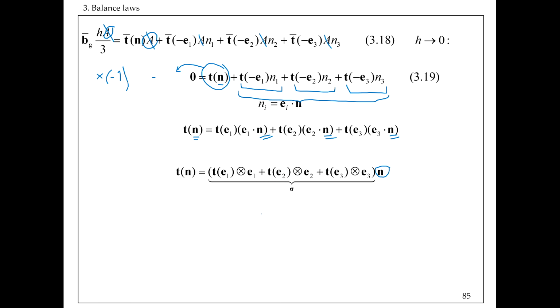You can see that there is some sort of transformation, in a very important manner: these components are what is more familiar to you as the Cauchy stress components, right?